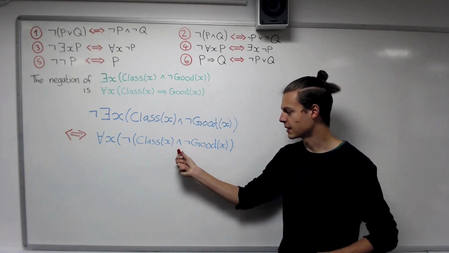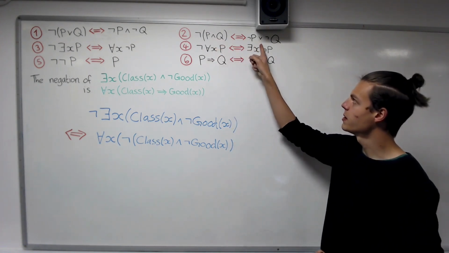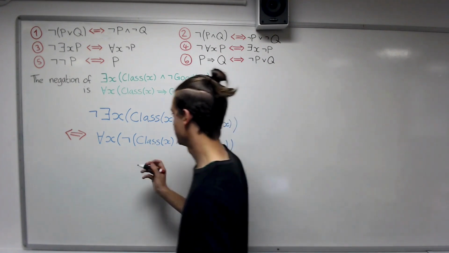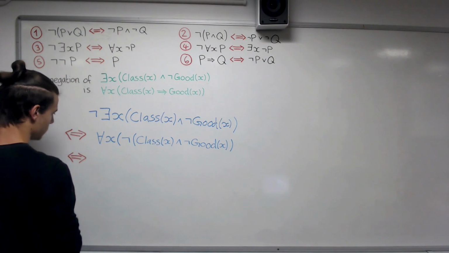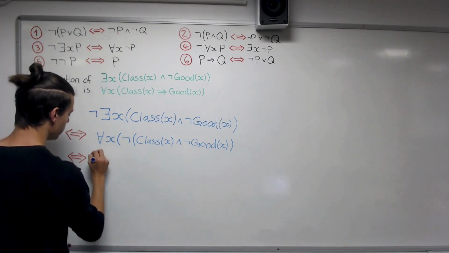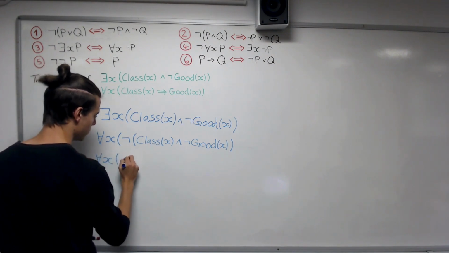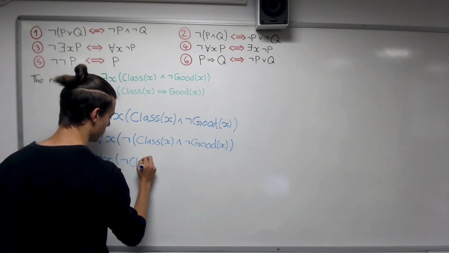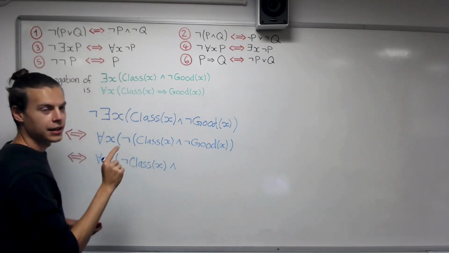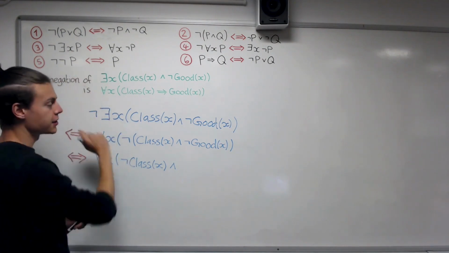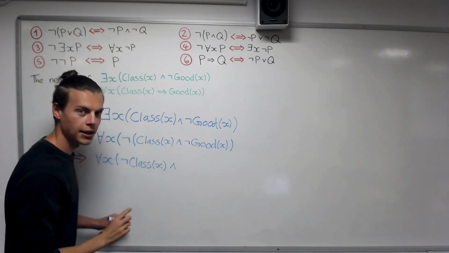Not class X and not good X. So we can use law 2, right? And here we can also use the law of double negation, right? Rather than writing not good X, we'll just write good X.